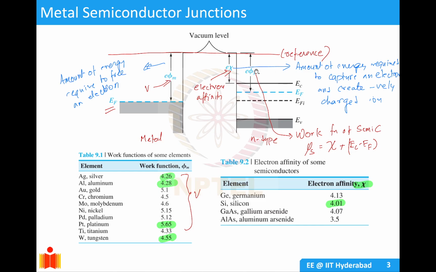For a semiconductor, the difference between the conduction band and the vacuum level is called electron affinity, and it is denoted by the Greek symbol chi. The difference between the Fermi level and the vacuum level is called phi s, which is the work function of the semiconductor.